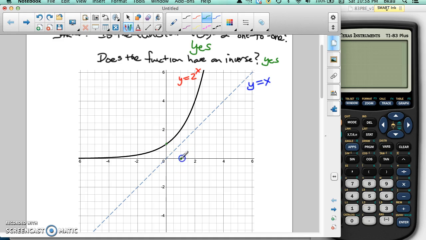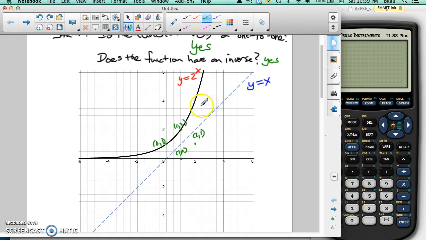We go along this graph, we have another point here at 1, 2. So this point 1, 2 would change to 2, 1.